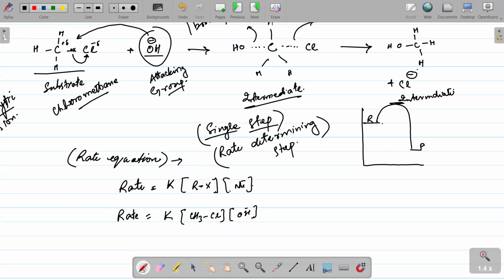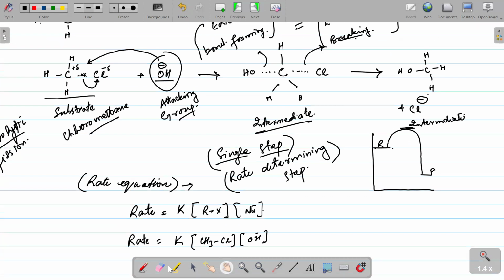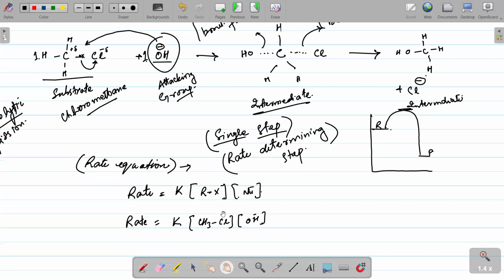You can see in this reaction there is 1 mole and 1 mole, so in our rate equation we have 1 and 1: concentration of chloromethane raised to power 1 and concentration of hydroxide raised to power 1.